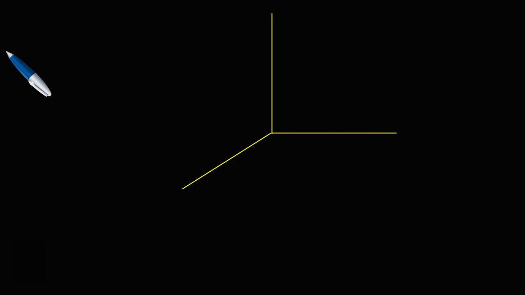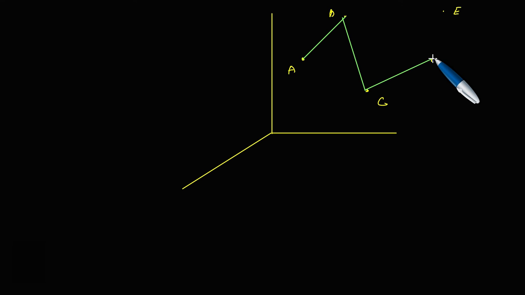We need another coordinate system with multiple points: A, then B, C, D, and let the final point be E. So you are going from A to B, then B to C, and then C to D, and so on, with arrows.